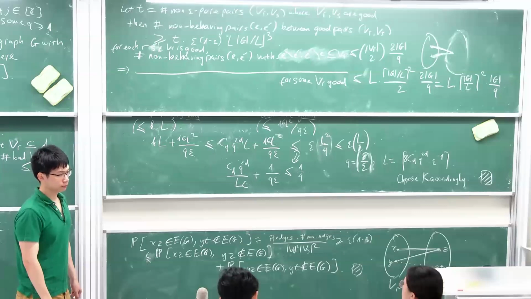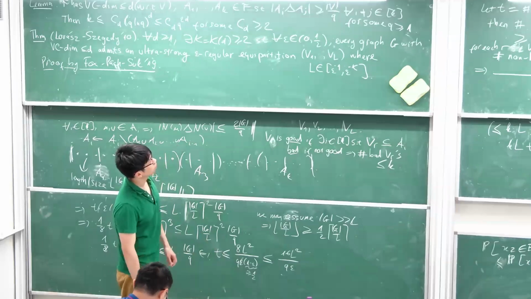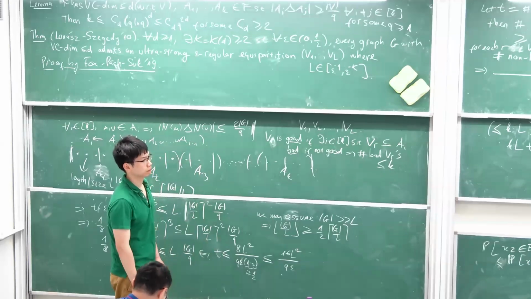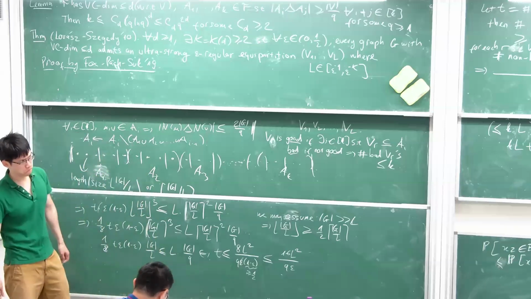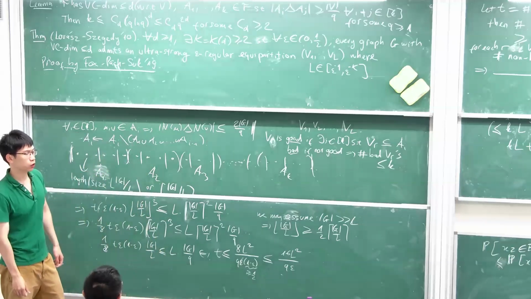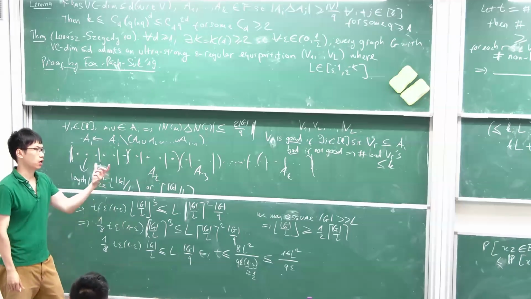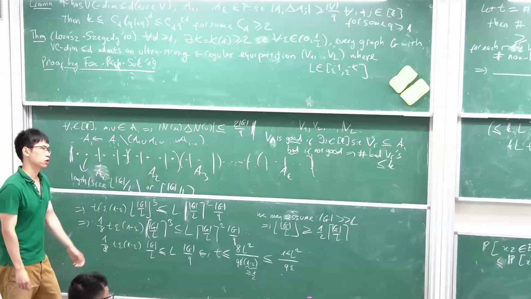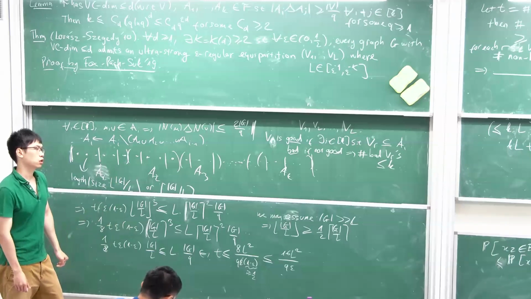So my question is, is it true that the reduced graph of this bounded VC-dimension graph also has bounded dimension? That's a very good question. What do you mean by reduced graph? I mean, just look at epsilon dense, I mean 1 minus epsilon dense, then we add an edge, and epsilon pure, then we do not add an edge.